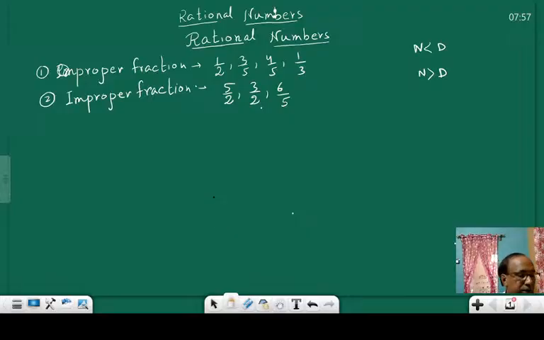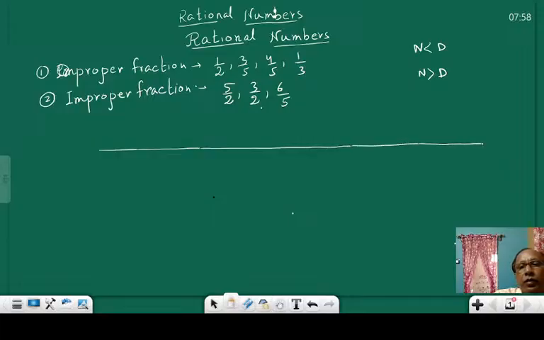In proper fractions, how do we represent 1 by 2, 3 by 5, and so on? You can draw a number line in this way. There is an arrow here and another arrow there, and in the middle it is 0.